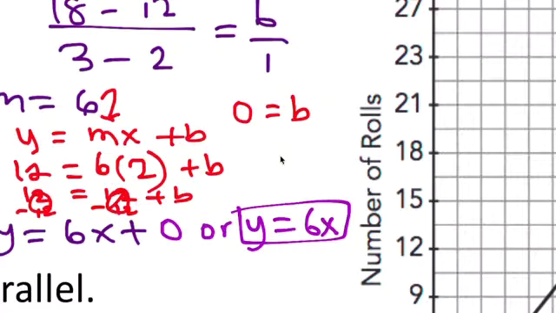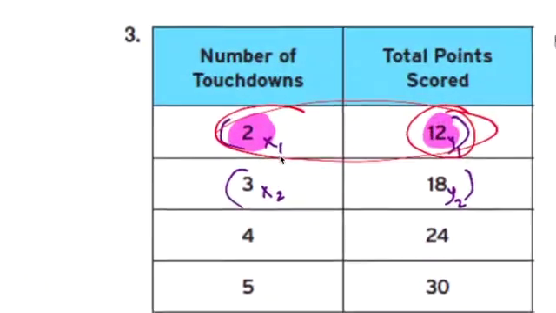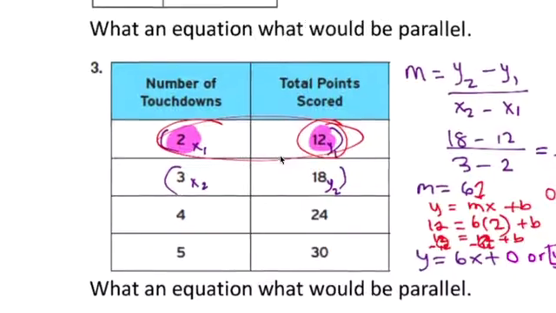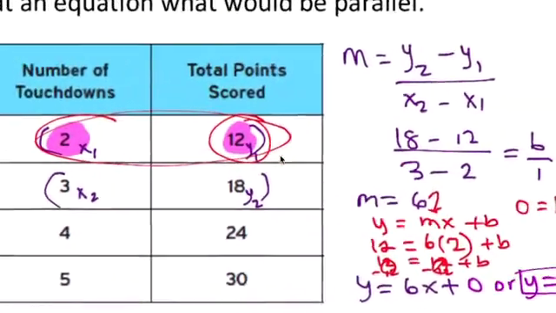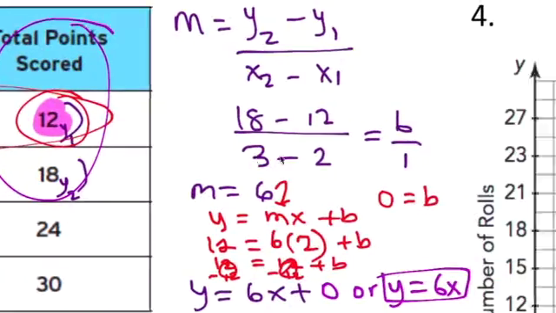What does that mean? Oh, I didn't give you guys enough room, huh? That should be plenty. Just write it on the side right there. The y's are the scores in points, total points scored. The slope is 6 points.